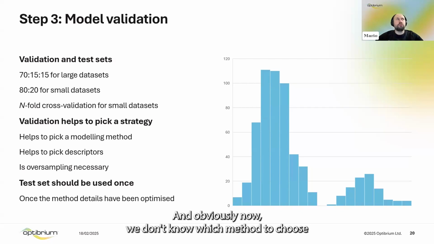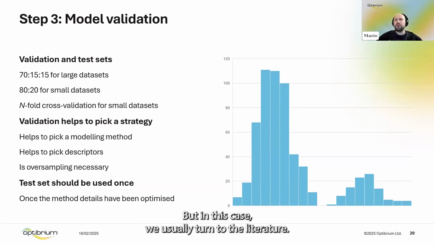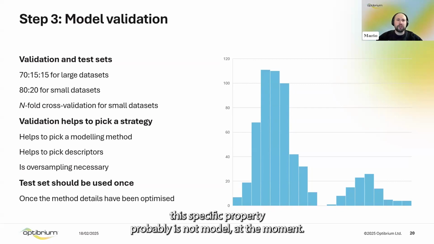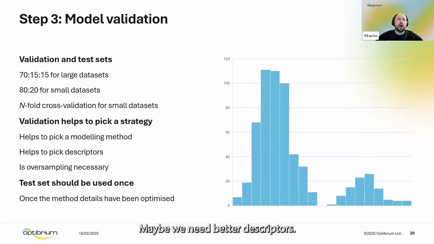Obviously now we don't know which method to choose or which descriptor set is the best for this specific problem. But in this case, we usually turn to the literature, and you can definitely find hints about what methods have proven to be useful for a similar problem. And yet again, if the test set still proves that the model is not working really well, then it means that this specific property probably is not modelable at the moment. So maybe we need more data, maybe we need better descriptors.